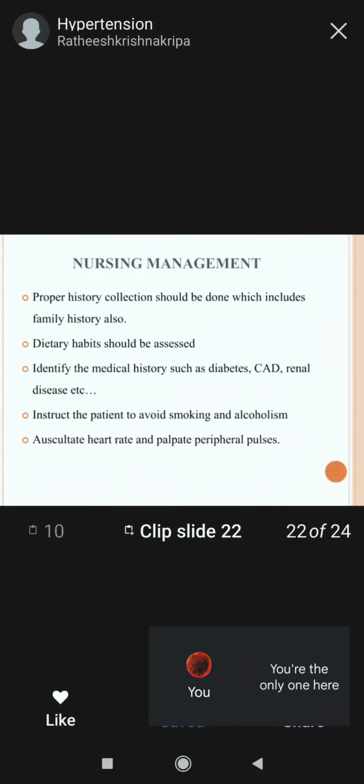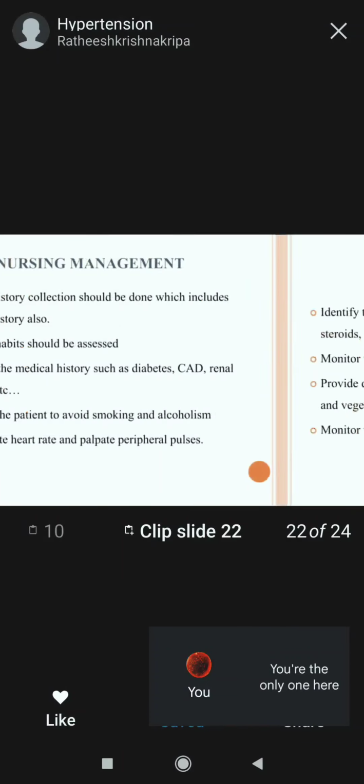Nursing management: a proper history collection should be done, including family history, such as whether the family suffered from diabetes and hypertension. Dietary habits should be assessed. Identify the medical history such as chronic diseases, CAD, renal disease, etc. Interact with the patient and advise avoiding smoking and alcohol. Auscultate the heart rate and palpate the peripheral pulses.